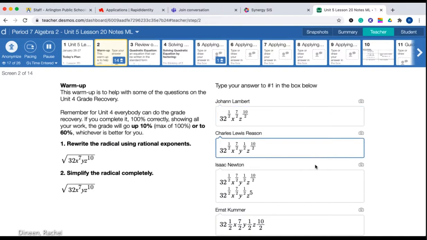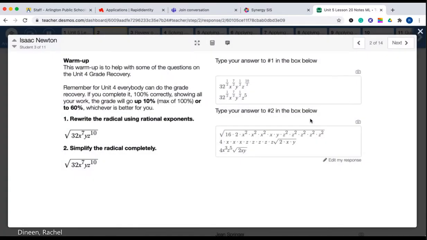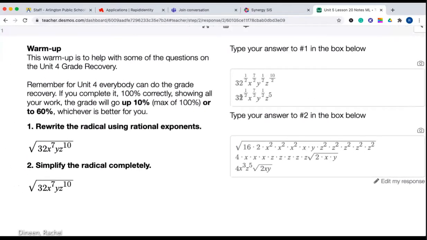All right, so let's go ahead and look. I like how, whoever Isaac Newton is, you completed question 1. So rewrite the radical using rational exponents. Because the 32 is underneath the radical, it has a power of 1 and a root or an index of 2. So it gets the rational exponent of 1/2.